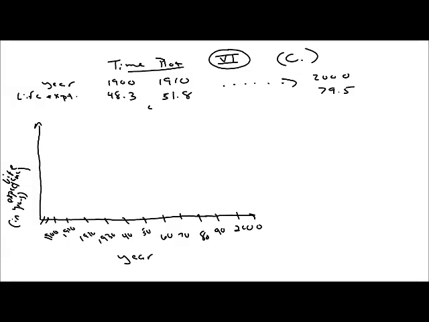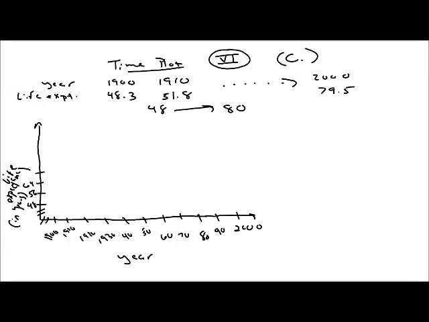We're going from 48 to 80. So you probably don't want to start off at 0. And what am I going to, I'll scale by 8s. 56, 64, 72.